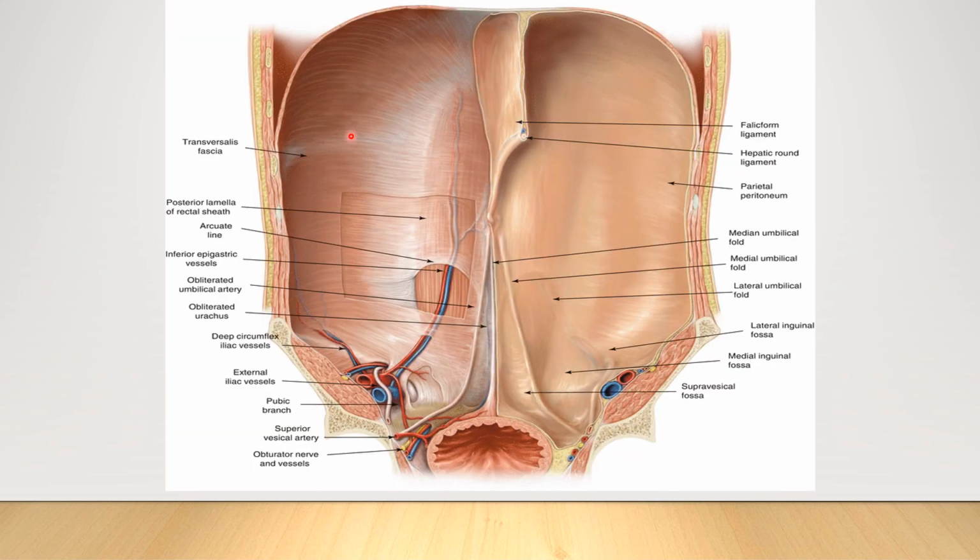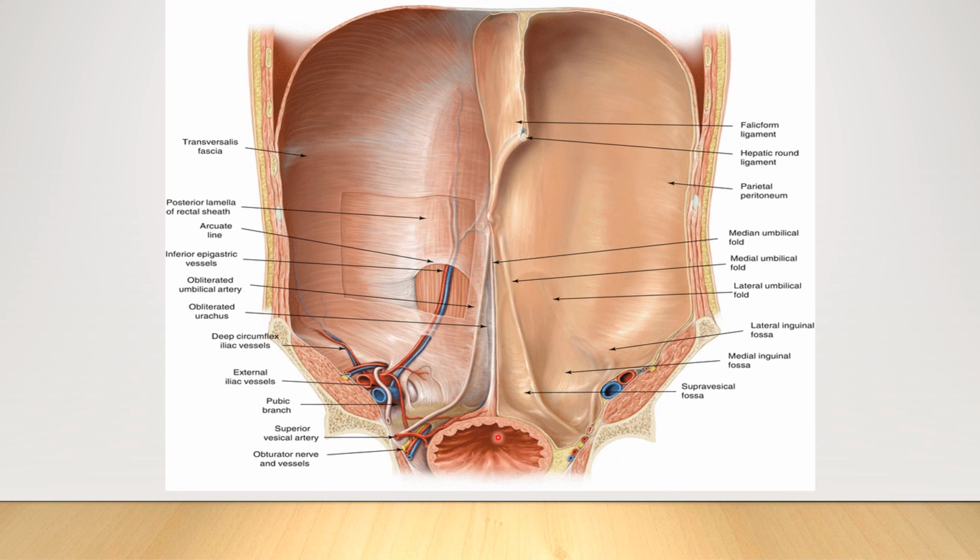So students, this is a very good diagram showing you all the peritoneal folds and fossae in one picture. So you see, this is the umbilicus, and this is the infraumbilical part of the posterior surface of the anterolateral abdominal wall, and this is the supraumbilical part of the posterior surface of the anterolateral abdominal wall.